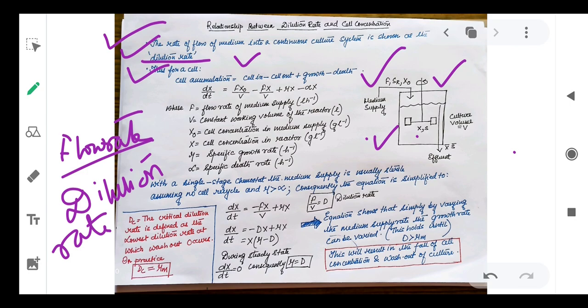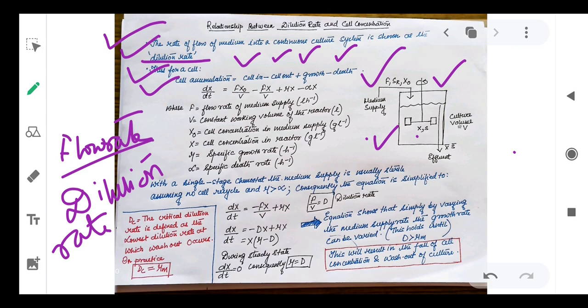Next, minus cell out, that is how many cells are going out of the vessel. Then plus growth, because some cells are growing inside the vessel, so that has to be added. Then minus death, those cells which are dying in the vessel. If you frame this equation, ultimately you come to the conclusion of your cell accumulation.